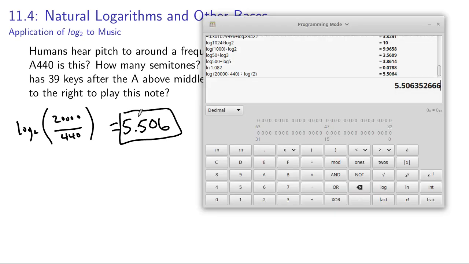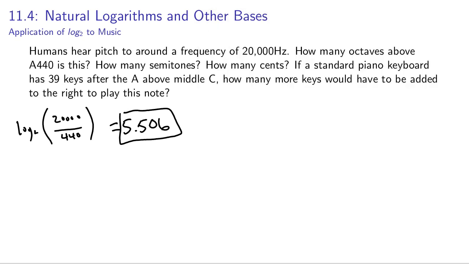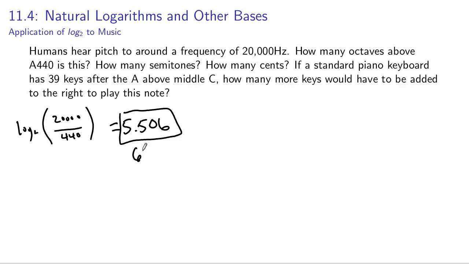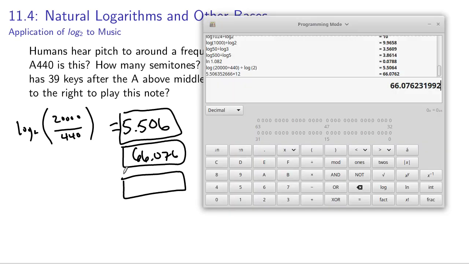Let's do that on the calculator. 5.506 roughly times 12 gives us 66.076 semitones. And how many cents would this be? Remember, there's 100 cents in every semitone, so we multiply that by 100 and get 6,607.6 cents.